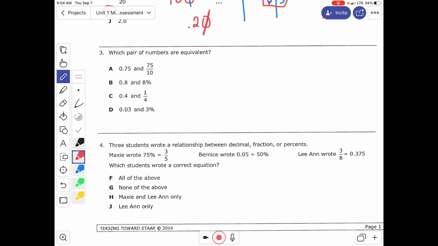Number 3, which pair of numbers are equivalent? So the first one says 0.75. Remember 1, 2, 3? There's only 2 numbers, so that means we only get 2 zeros. So it should be 75 over 100, not 75 over 10.